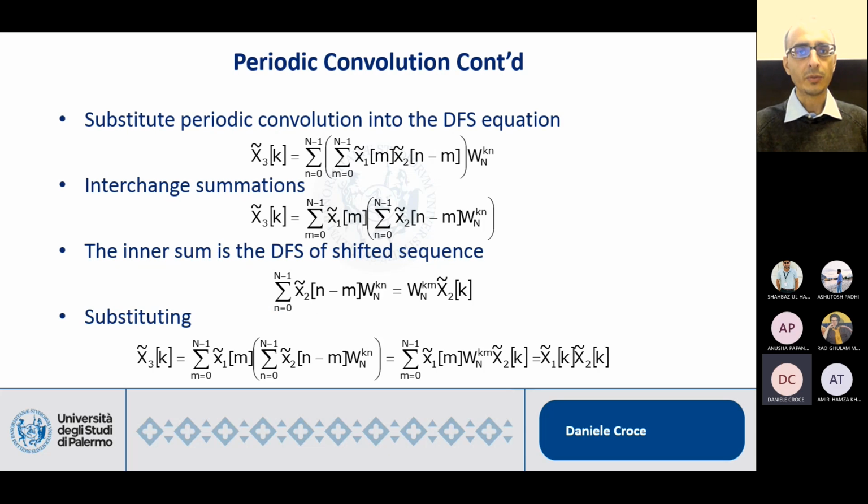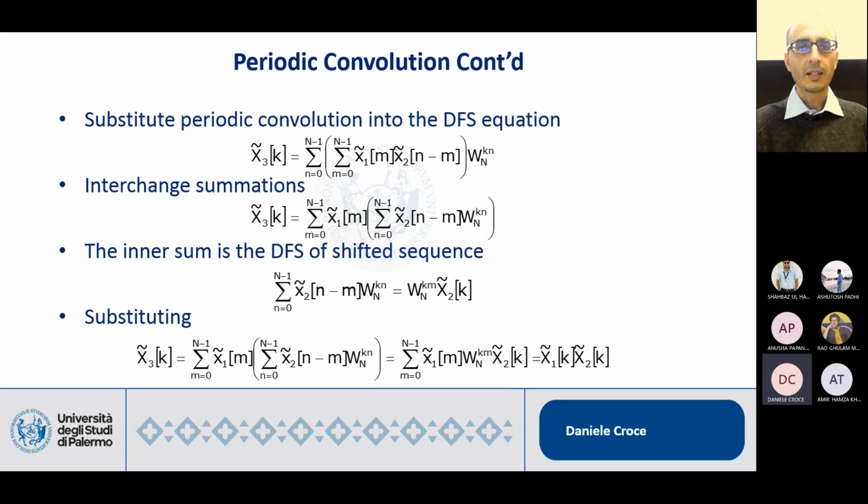Now, if we substitute the periodic convolution inside the definition of the DFS, what we obtain is here the first equation. And if we interchange the summation, we take, for example, the term that does not depend on n outside, x1.